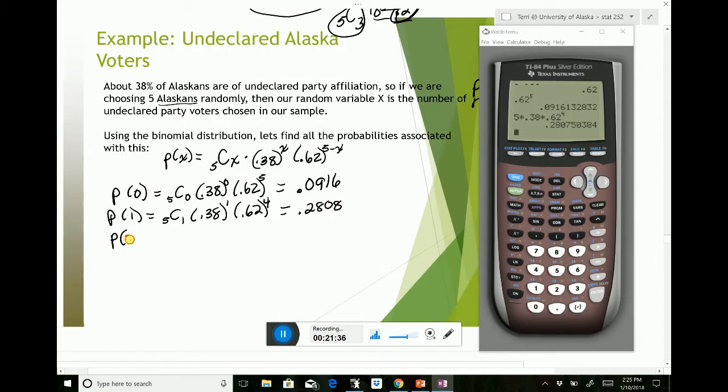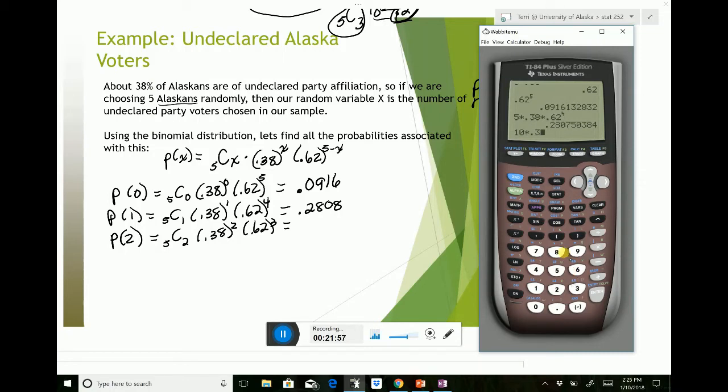So probability that it's 2, 5 choose 2, times 0.38 squared, 0.62 cubed. Remember, 5 choose 2, we found that out on the last page, that was 10.